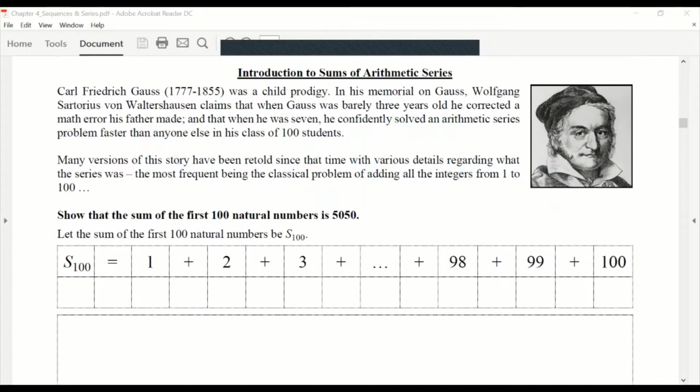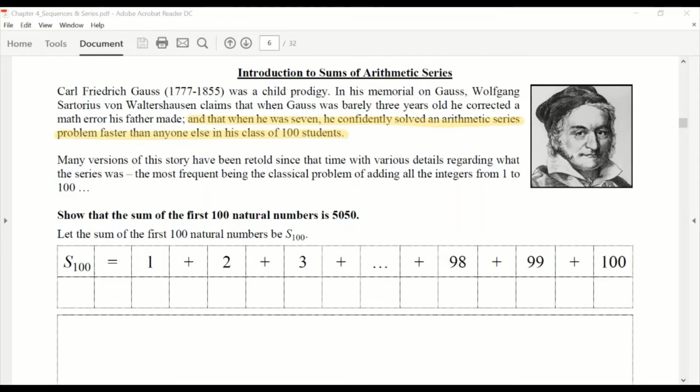So he claims that when Gauss was 3 years old, or barely 3 years old, he managed to correct an error his father made. And the famous story, and I don't know if it's myth or not, it seems to have been cited, was a classic way of leading into this idea.